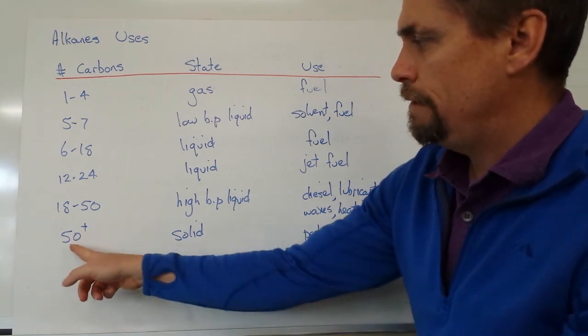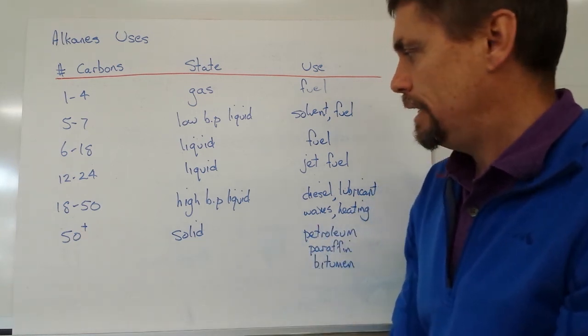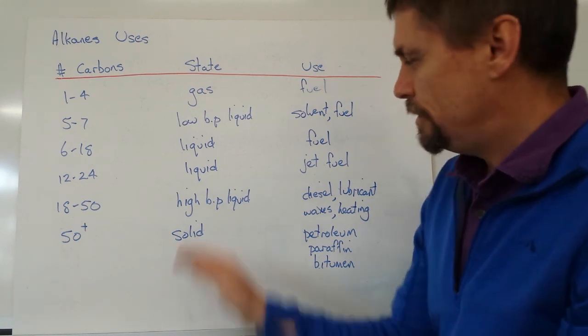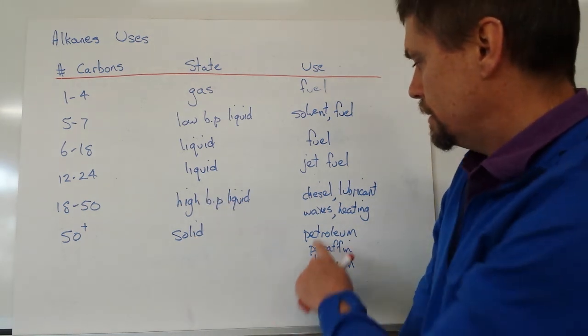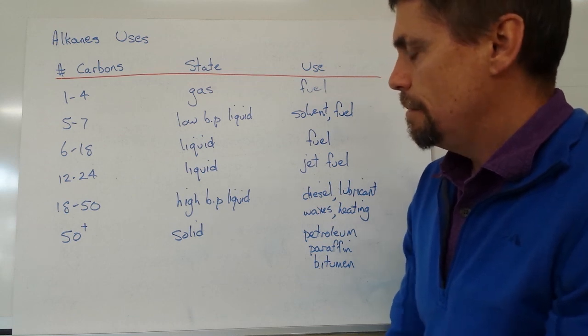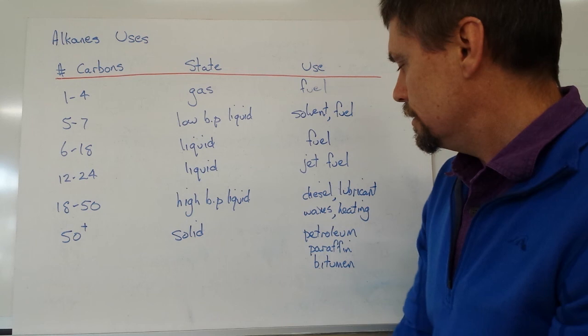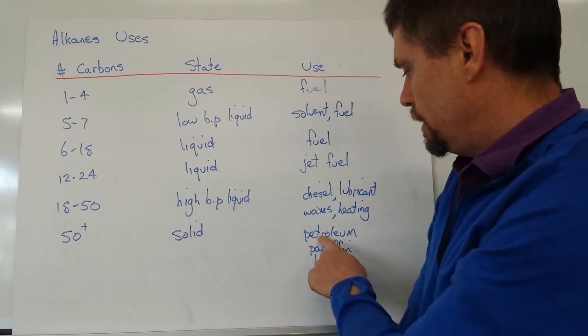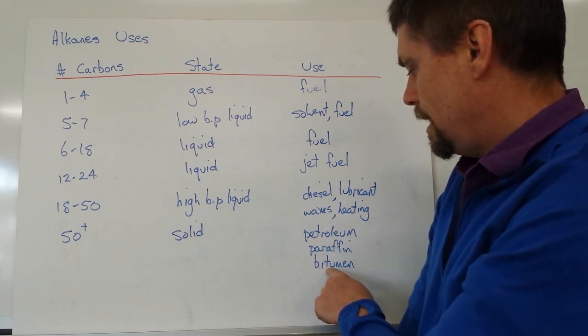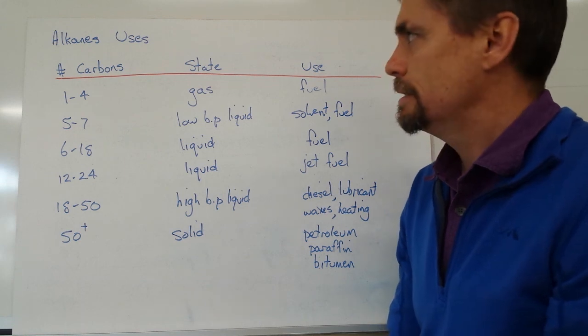And then we move to our 50 plus carbons in our carbon chain, and these are solids. We just bordered on the solids for the lower ones, that's why we've got the waxes in here. But if it's greater than 50 carbons in our carbon chain, it exists as a solid. And this is our petroleum waxes, our paraffins, and even moving up into our bitumens and tars.